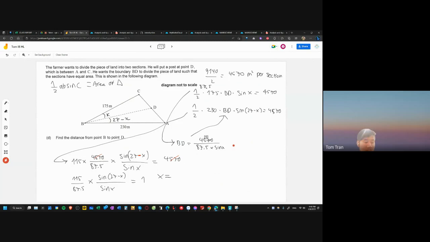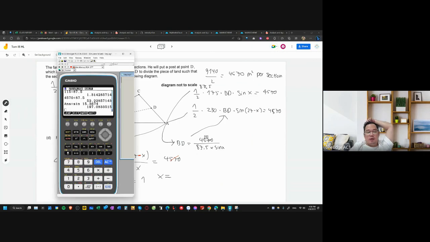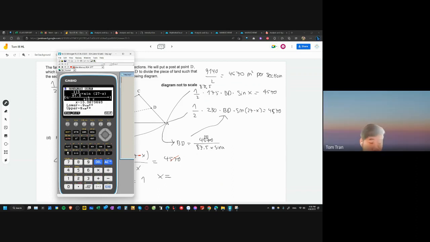I still don't really understand how to use the equation solver because it just gives me a bunch of random values right here. Okay, set menu equation. You have already entered the function, right? The equation. Yeah, but I don't know what to put for x.